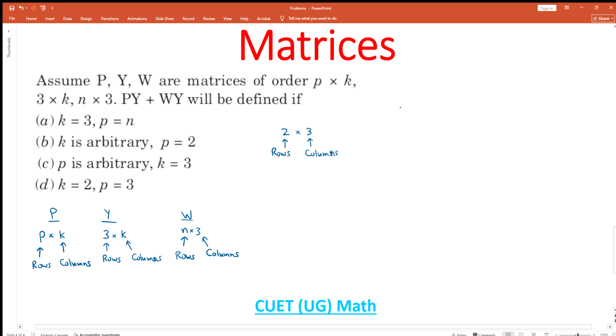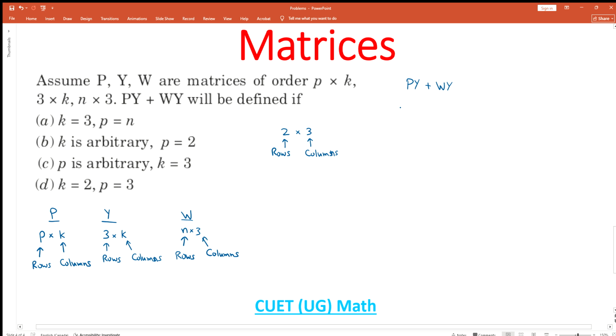We have to find the answer choice for which PY plus WY will be defined. The first term PY represents the matrix product of matrices P and Y. In this multiplication, matrix P is the first matrix and matrix Y is the second matrix. For this statement to be defined, PY has to be a valid matrix.